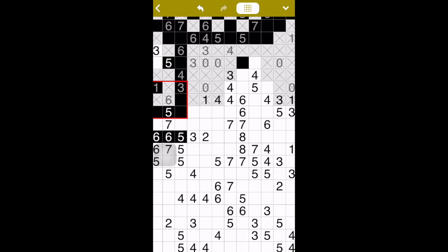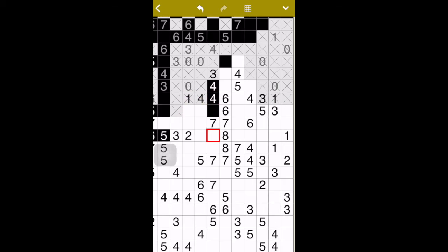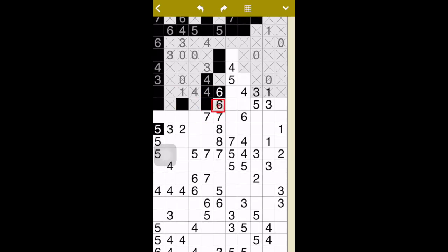Use that. 4 and a 1. Difference of 3, right? So I could do that. 4 and a 3. Difference of 1. One black space. The top row, so I need 2 black spaces. 2 black spaces down here. Oh, sorry, wrong button. 7 and a 6. Difference of 1, right? So 2 black spaces on the top and 3 on the bottom, right?